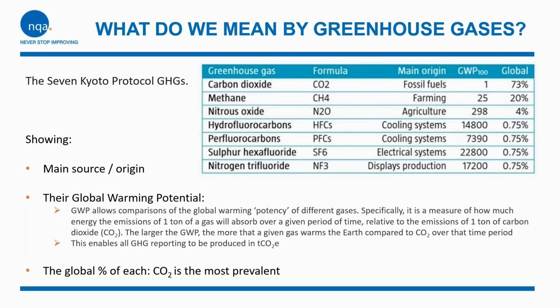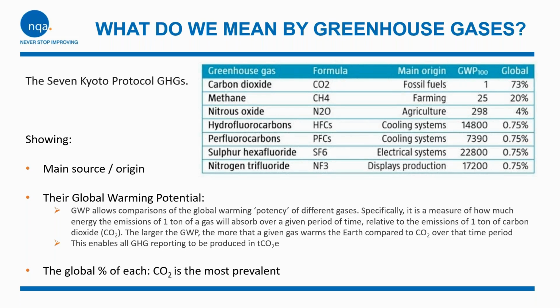When we get to the HFCs and the PFCs, those are primarily emitted from air conditioning systems and HVAC systems, heating, ventilation and air conditioning systems. And sulfur hexafluoride and nitrogen trifluoride primarily come from fairly limited specialist industries around electrical equipment, for example, also aluminium manufacture and visual display screen production.